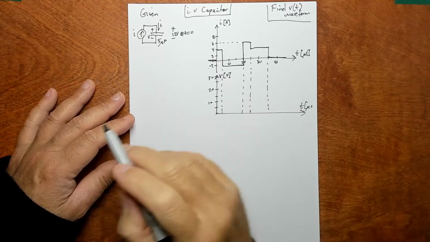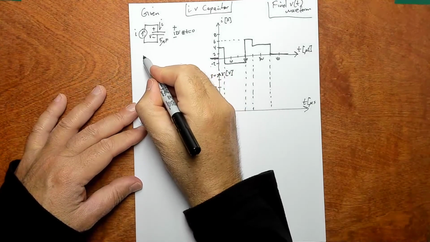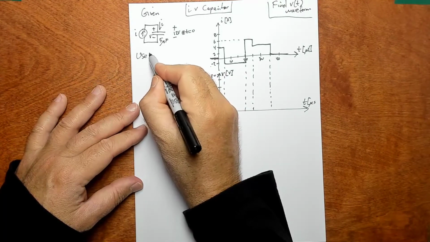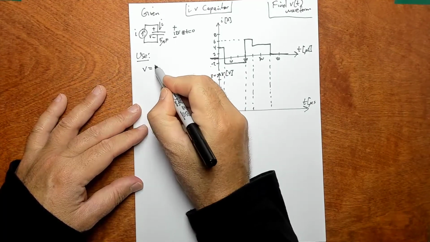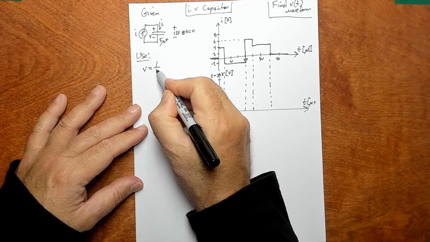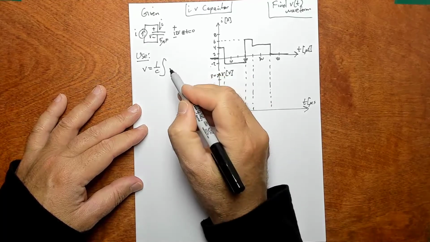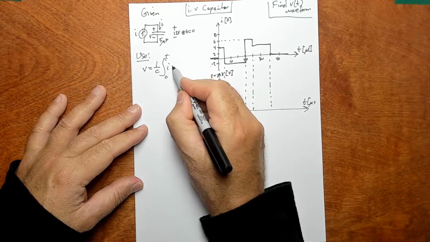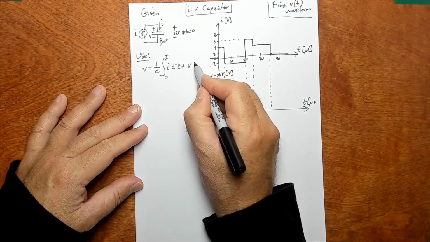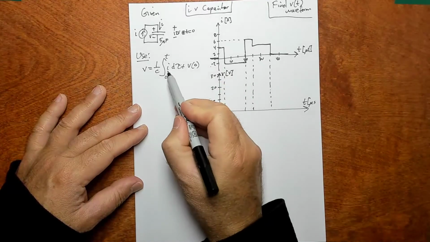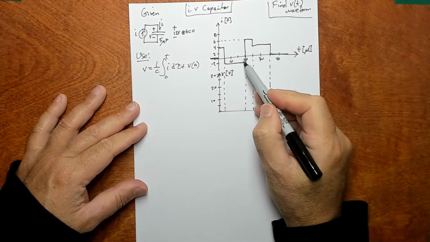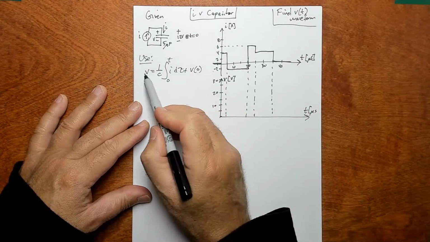All right, so we're going to really just use this formula that we have that relates voltage to current for a capacitor. Right, so given a current in a capacitor, which is this waveform right here, this formula will give us the voltage.